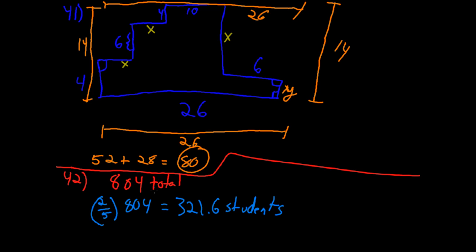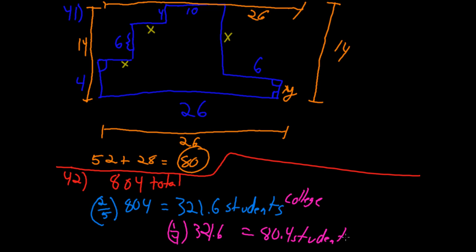You have to be careful because 320 is an answer choice, but it says of the students going to college, approximately 1/4 are going to a state university. So out of these students going to college, 1/4 of them will be going to a state university. So we multiply 321.6 times 1/4, which is equal to 80.4 students going to a state university.